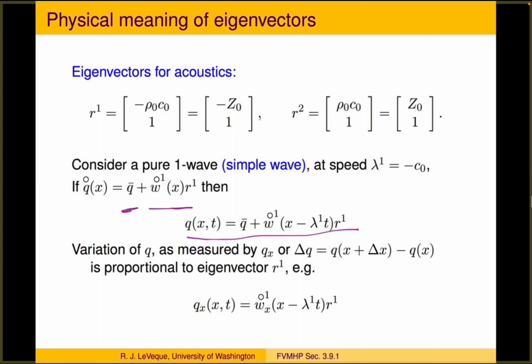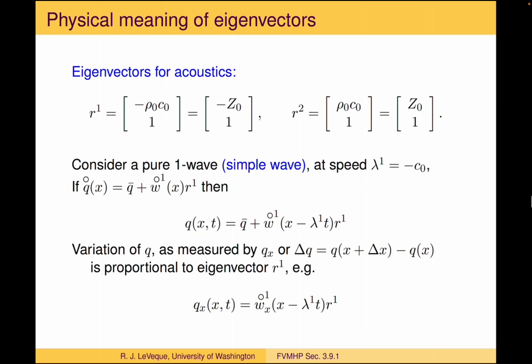Or if we look at the variation of this, the derivative of q, or a small delta q, if we look at q at two nearby points, then that's proportional to this eigenvector. So the derivative of q is really just the derivative of w1 times the same eigenvector r1. And so variations in this simple wave also are proportional to the same eigenvector.